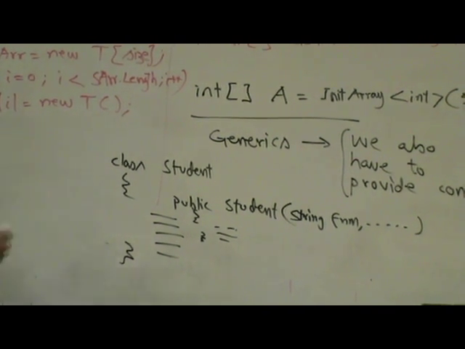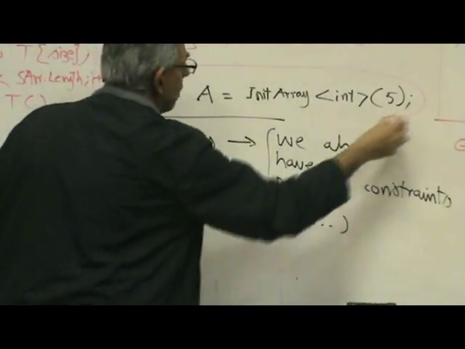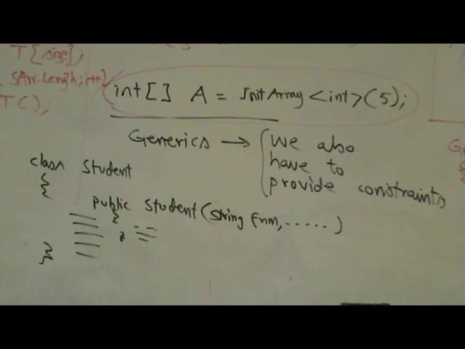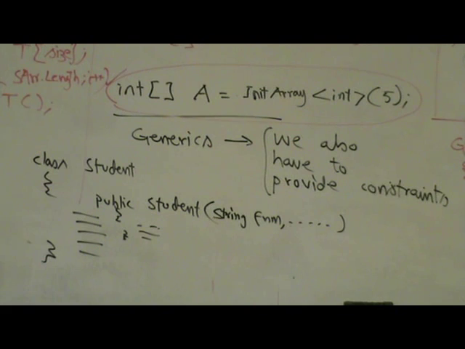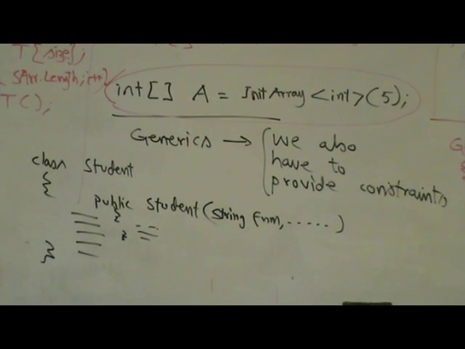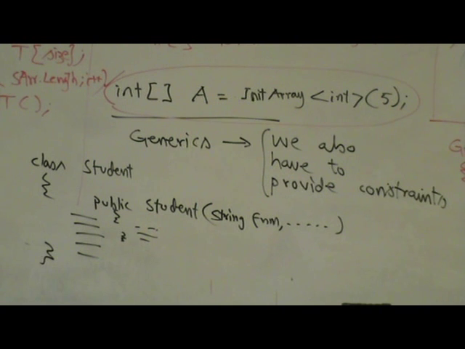Okay. So that's the good news. So anyways, what about this line? If somebody tried to trigger this generic method, will it work? Why not? Int does not have a constructor, right? Okay, so anyway, to summarize, what I'm trying to show you guys is generics make our life extremely easy.